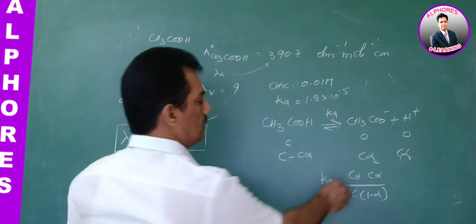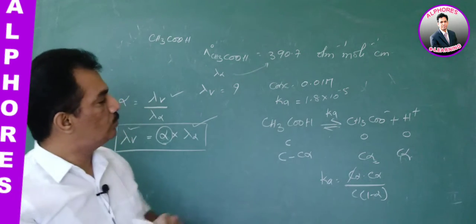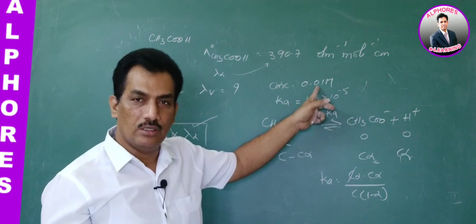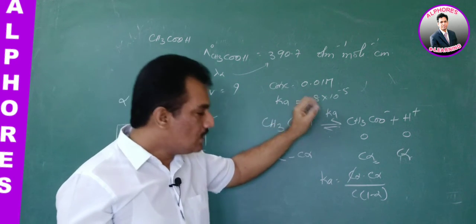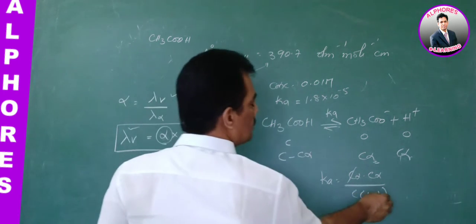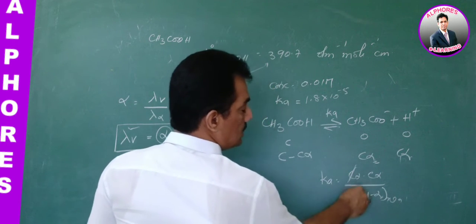With this, we know the concentration is less than 0.02, so it is a very dilute solution. In such a dilution, the degree of dissociation alpha is negligible compared to 1, and C cancels with this.